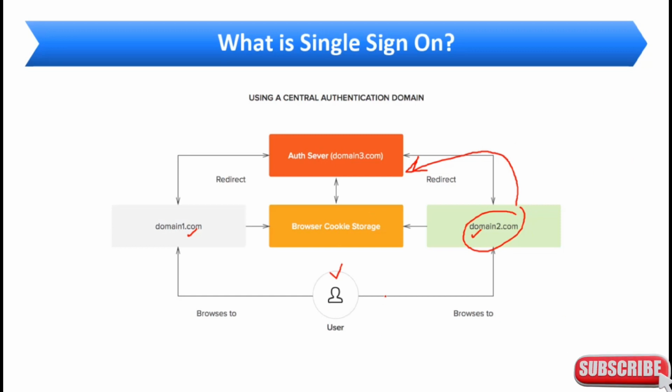When we click that, it sends us to the authentication server, which is Google's Gmail or any sign-in server, and when we sign in, it provides a token to the browser, which gets stored in the cookie, and then finally we get redirected to domain 2's account.